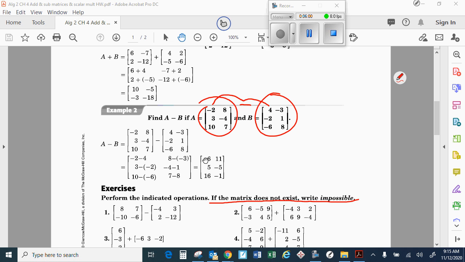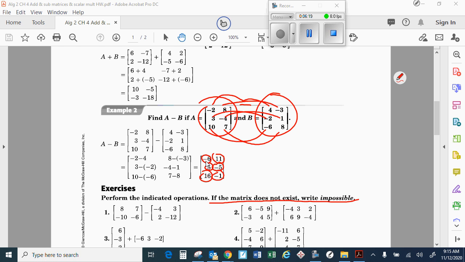So there might be at least one that you can't do, not the same dimensions, just to check. All right, 8 minus -3 is 11. 3 minus -2 is 5. -4 minus 1 is -5. 10 minus -6 is 16. 7 minus 8 is -1. And there's my answer.